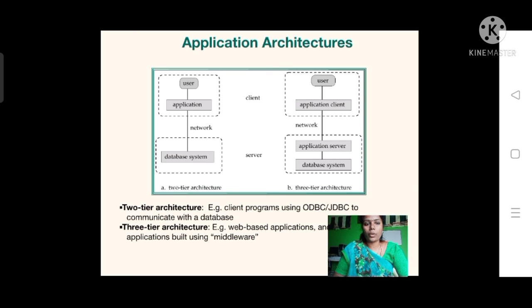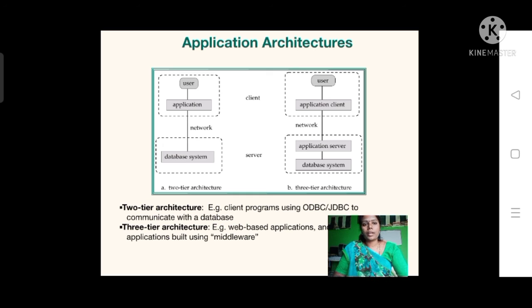Next is the three-tier architecture, for example web-based applications and applications built using middleware. These are the two application architectures we have seen in this slide.